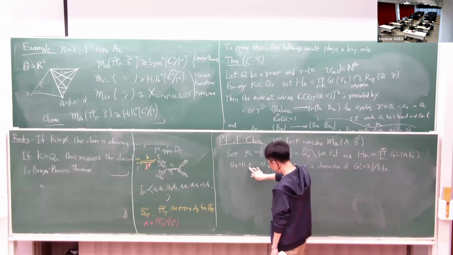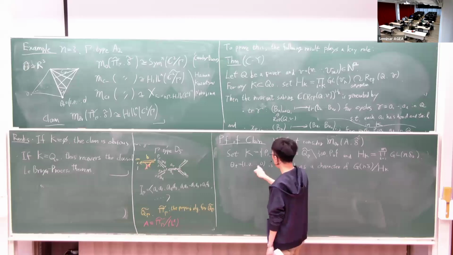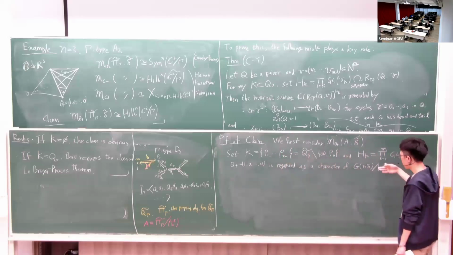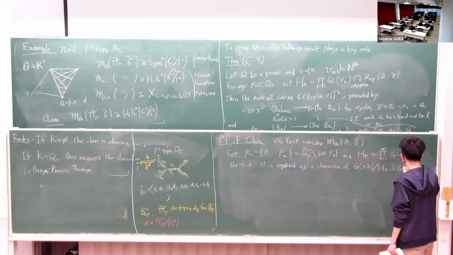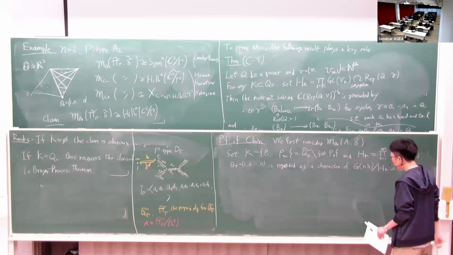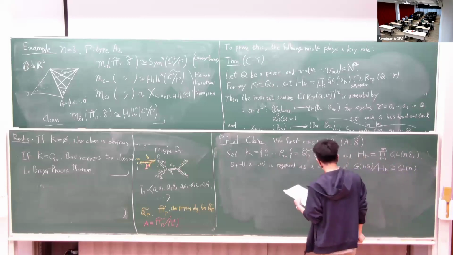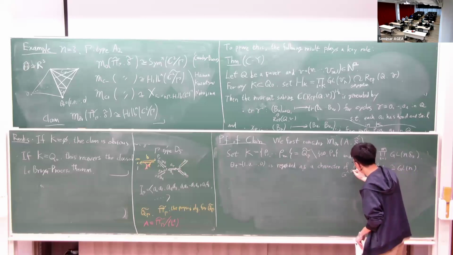Basically, all the entries except the first one are 0, so this is regarded as a character of this, which is isomorphic to GL n. And we also call this group G prime.